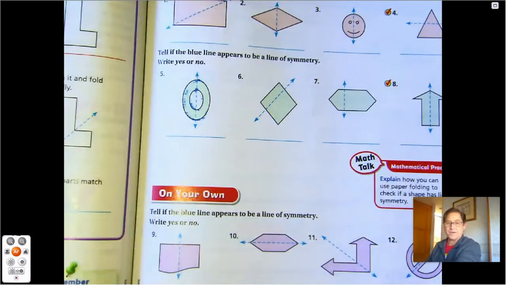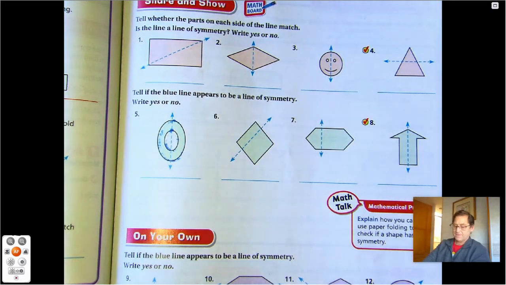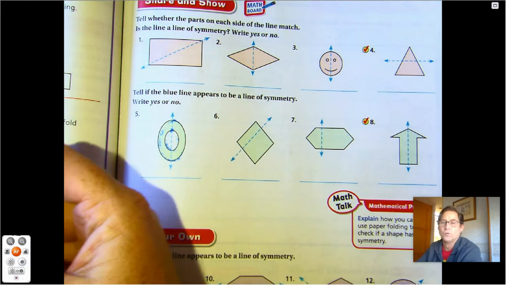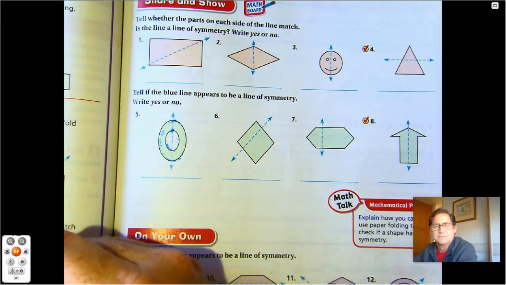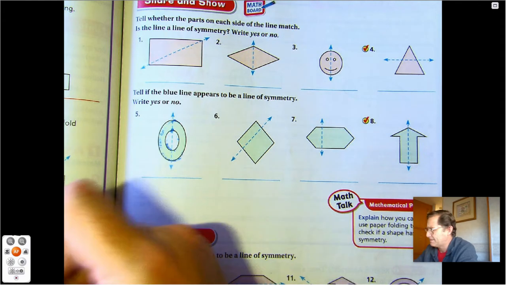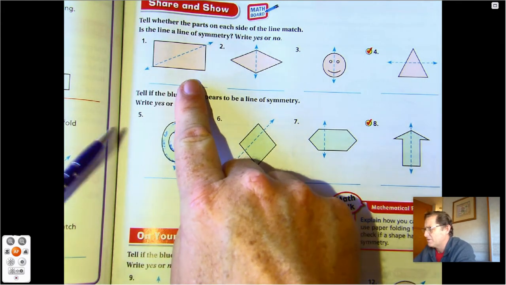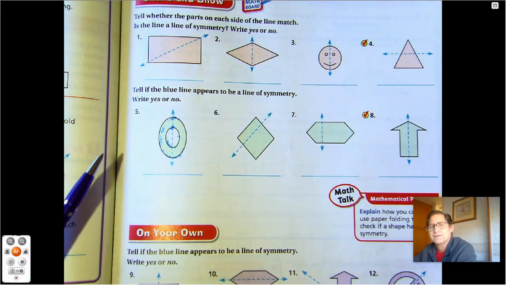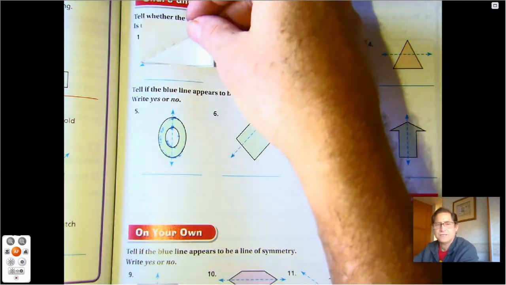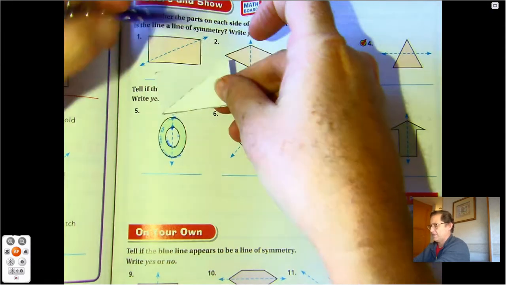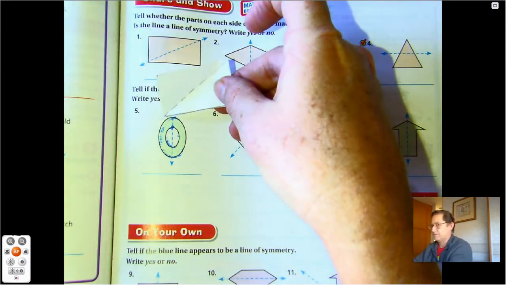So 423. Now, if you get stuck and you're not sure if it has symmetry and you need to actually fold it, sometimes I actually have to fold it. Sometimes I get stuck visually seeing it. So, like this one right here, it looks like they have the same amounts on either side, right? So, not being sure, I traced the rectangle and I drew the symmetry line.